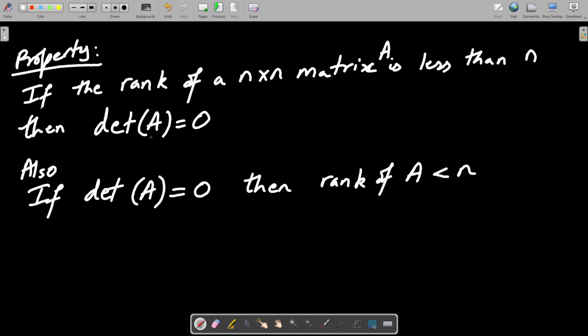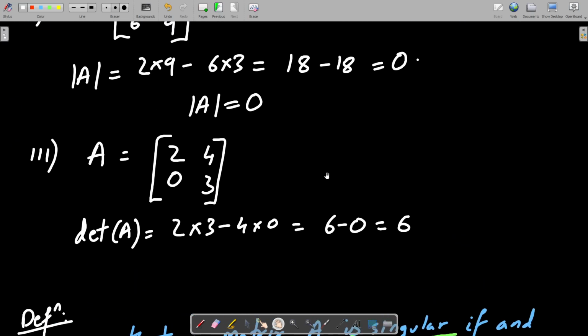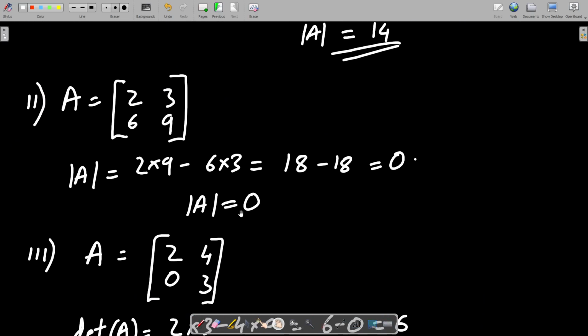One example we have on top over there. See this example with the matrix which has determinant 0. Observe that the second row is just 3 times the first row. If you try to find the rank of this matrix by row reduction, you can perform the operation R2 minus 3 R1, and you will be left with 2 3 0 0.